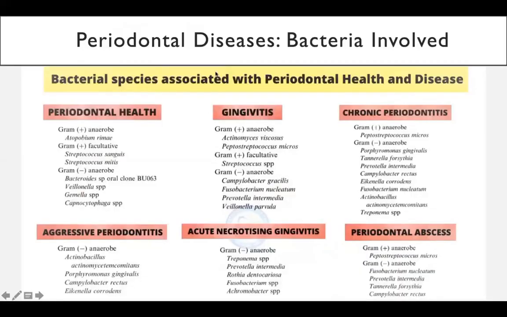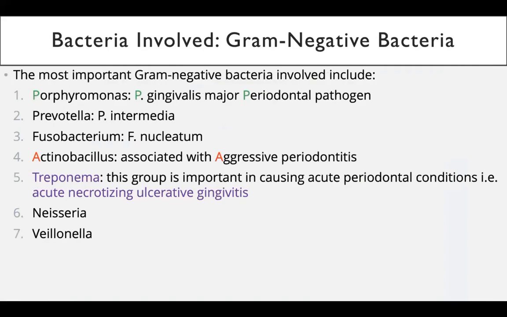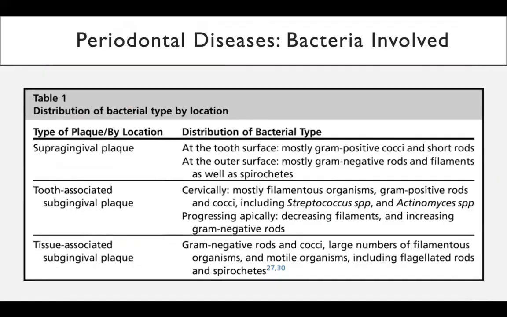Perfect. These were some bacteria involved in different diseases. For your interest, you can have a look at them. But the important bacteria to remember are still gram-positive and gram-negative bacteria that cause periodontal disease. Okay, and this is the distribution of bacterial type by location.